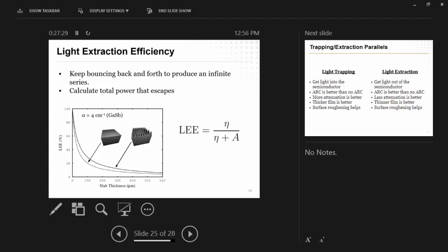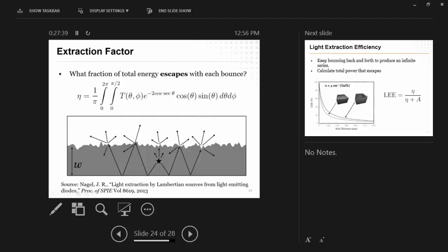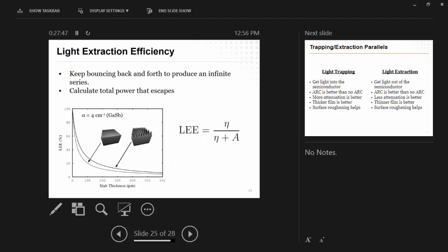But some finite amount is going to be absorbed in the meantime, and that's where you lose some of your efficiency. But you get these nice little straightforward curves, and if we go back a little bit, this is another paper I submitted to a conference on this topic. All the details are there.